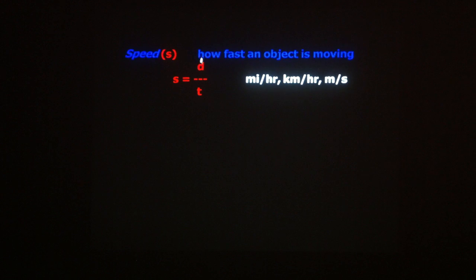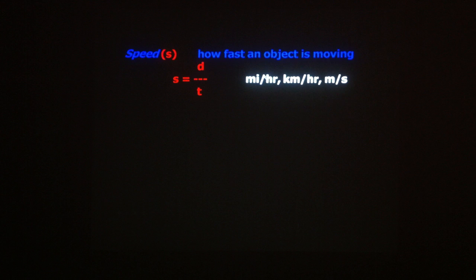It's the distance traveled divided by the time it takes to travel that distance. So we have 2 units in our unit of speed. We have a unit of distance in the numerator, and we have a unit of time in the denominator. So miles per hour, and you should write these as miles and a horizontal fraction bar, an hour underneath. Same thing with kilometers per hour, horizontal fraction bar. I can't do that on the computer screen.